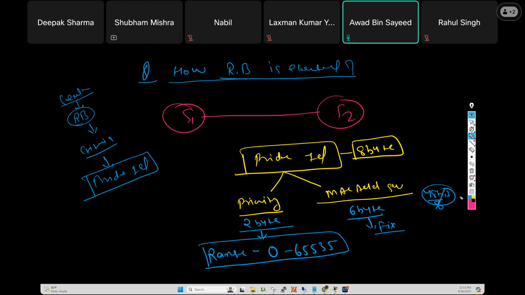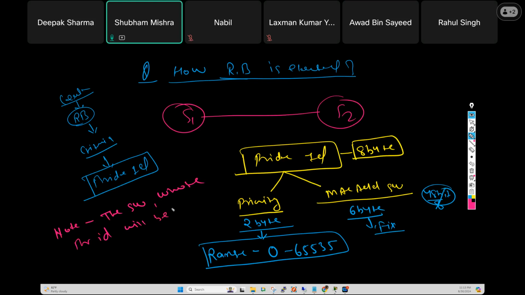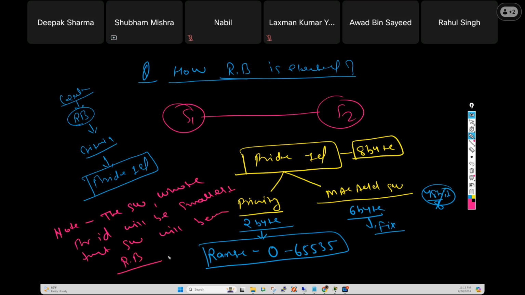After that, please write down one line: the switch whose Bridge ID is the smallest, that switch will become the root bridge. Understand, everyone?